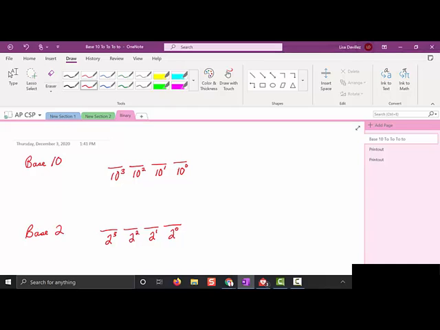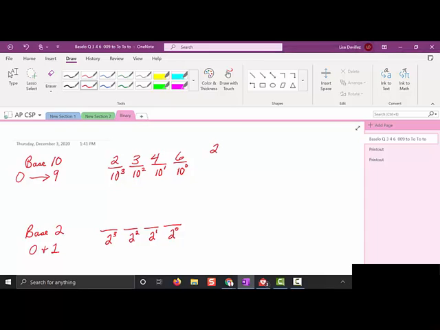So what does that mean? In base 10, remember I have digits 0 to 9, and in base 2 I have 0 and 1. Say I have the number 2,346. What does that mean as far as the magnitude of that number?